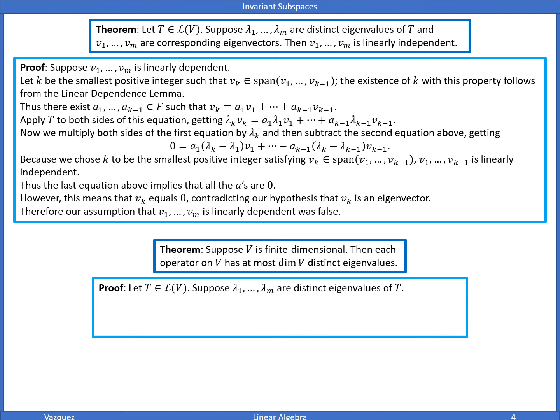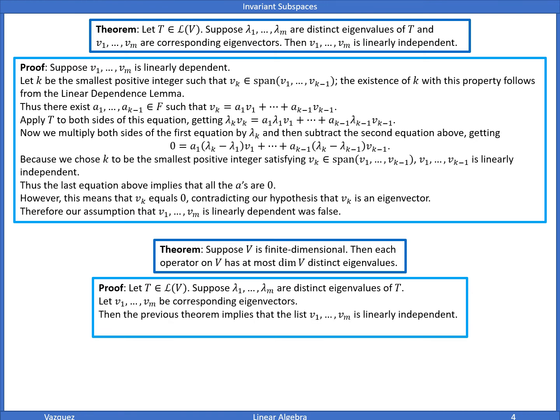Suppose that lambda 1 to lambda m are distinct eigenvalues of T. We're going to let v1 to vm be corresponding eigenvectors. Well, by the previous theorem, the one we just saw above, we know that v1 to vm is linearly independent. So what does that mean? That just means that m, the number of eigenvectors, is less than or equal to the dimension of V. And that ends the proof.